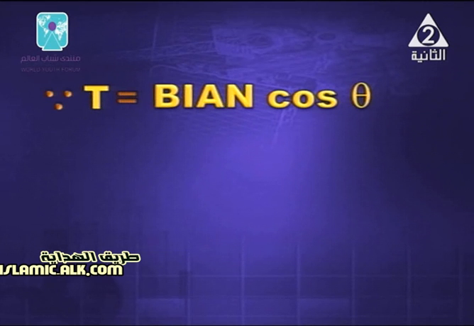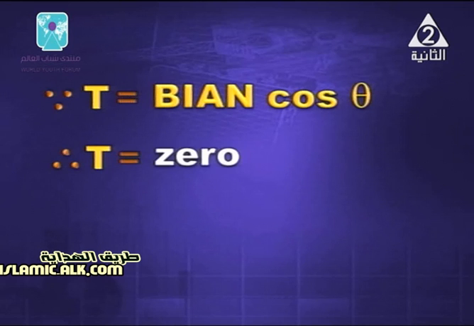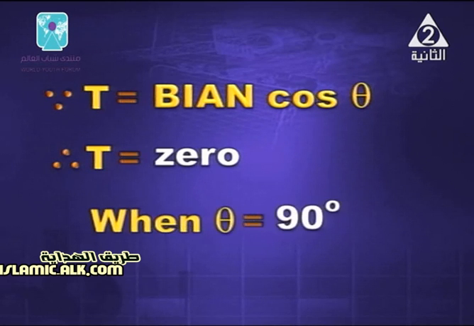B is the magnetic flux density, I is the current intensity, A is the face area of the coil, N is the number of turns on the coil, and theta is the angle between the plane of the coil and the magnetic field. When theta equals 90, the torque will be 0, because cosine 90 is 0.